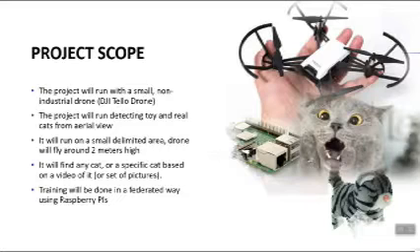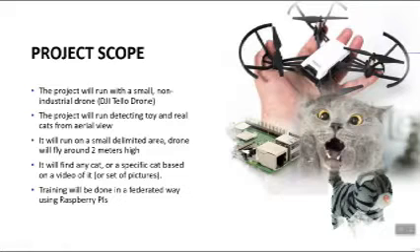The project scope. Okay, the project will run with a small, non-industrial drone. It's a DJI Tello drone. It's a very small drone, as you can see in this image, and it's a very simple drone. It doesn't offer much, so that limits things in many ways, but it doesn't affect the core idea.